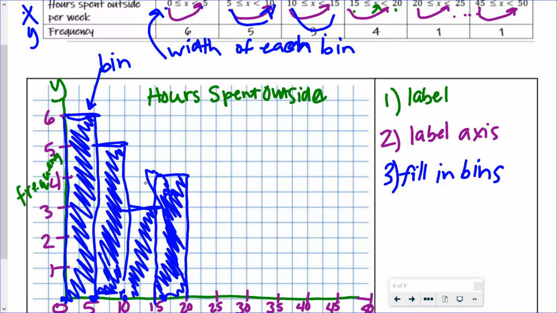Sorry, that's a little bit funky. Okay. There was 1 person from 20 to 25. And there was 1 person from 45 to 50.